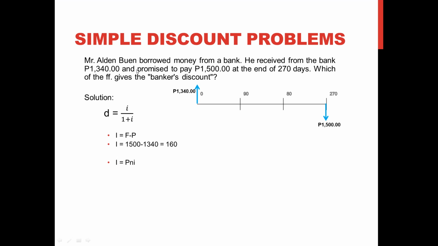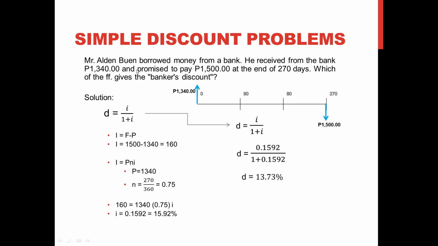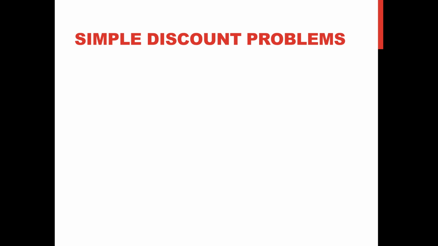So kung alam natin yung I, we can now use I is equal to P and I. Okay, just substitute the given. N here is 270 over 360. Substitute all the given, so we'll be having that one. I is equal to 15.92%. So using this, you can just directly substitute 15.92% on the equation. You'll arrive at 13.73%. Okay.